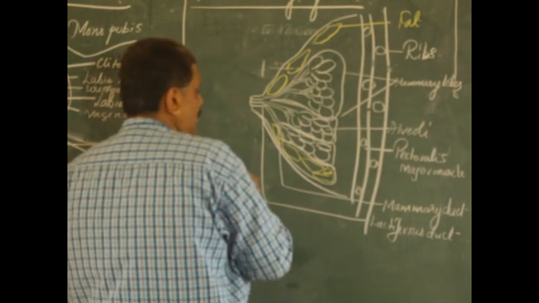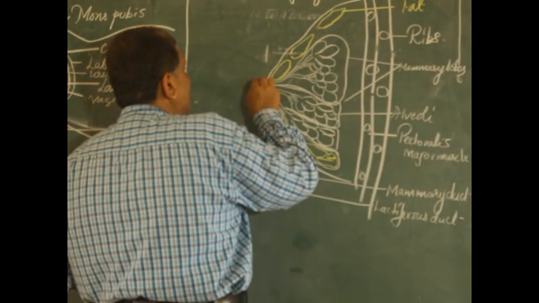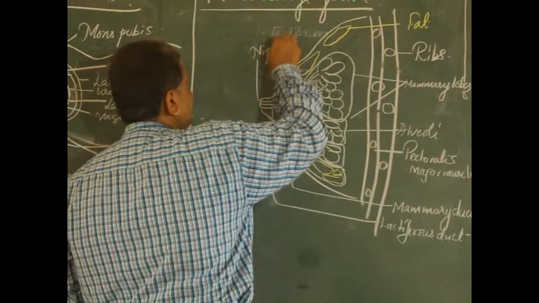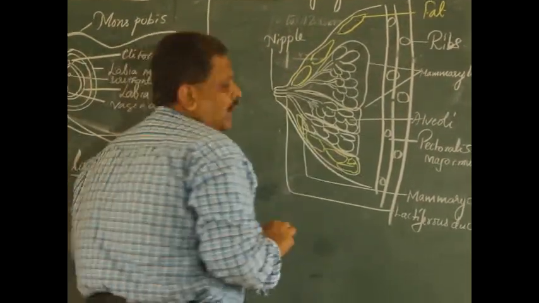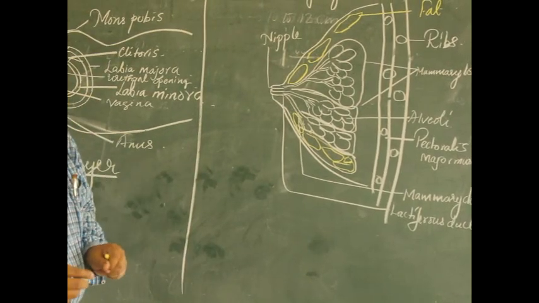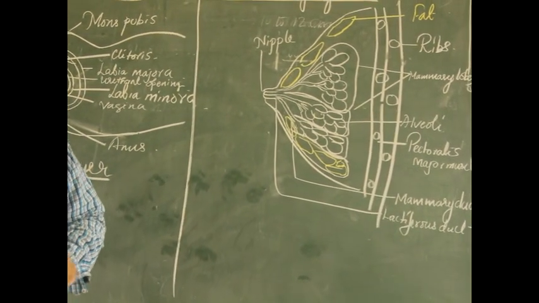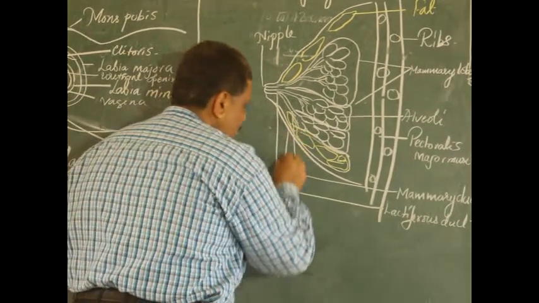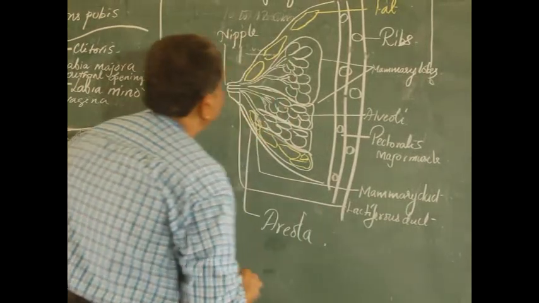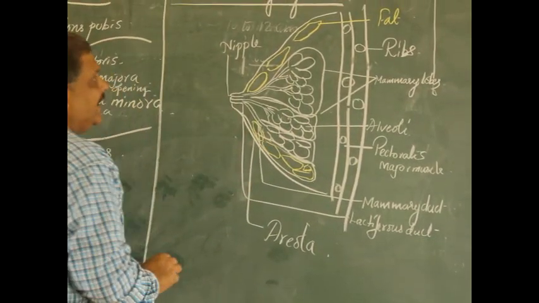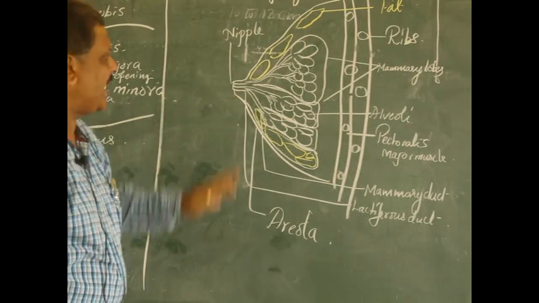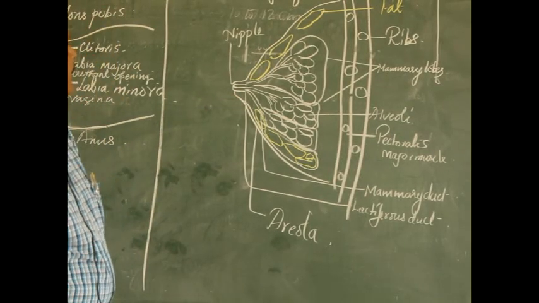And this is the portion through which the milk is ejected out. And this bulged portion is called the areola. So, if they ask this diagram, you should write this diagram for 5 marks.